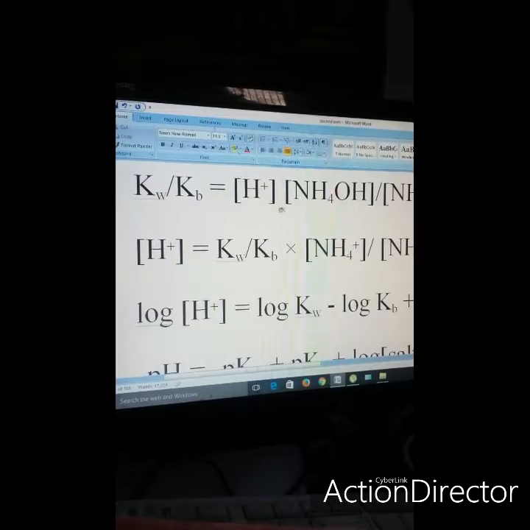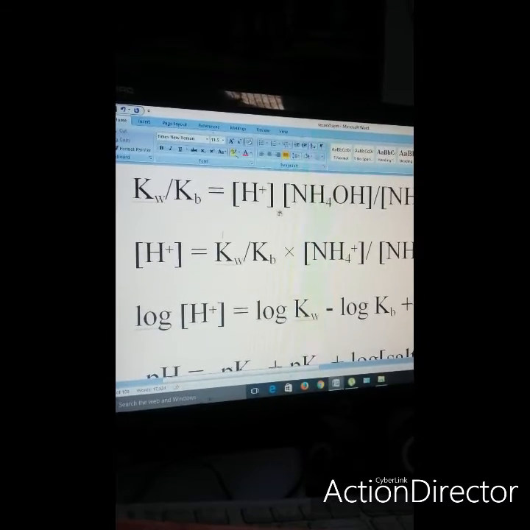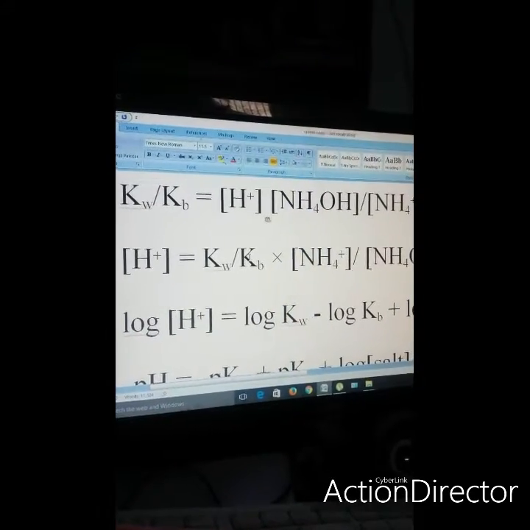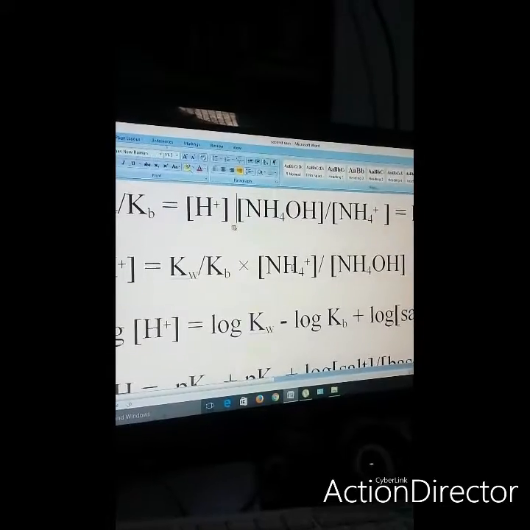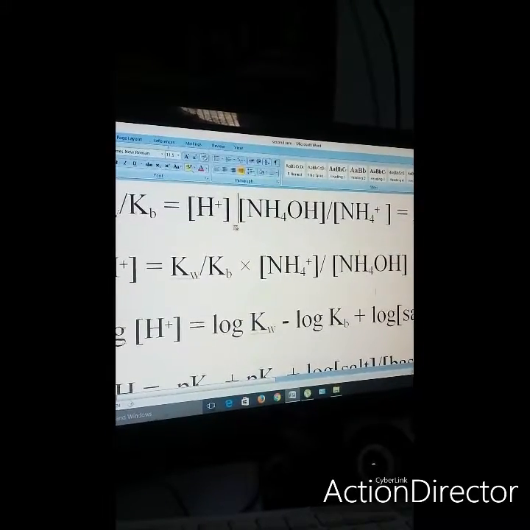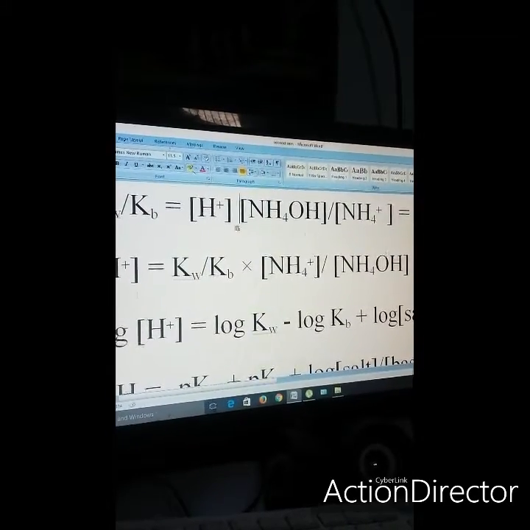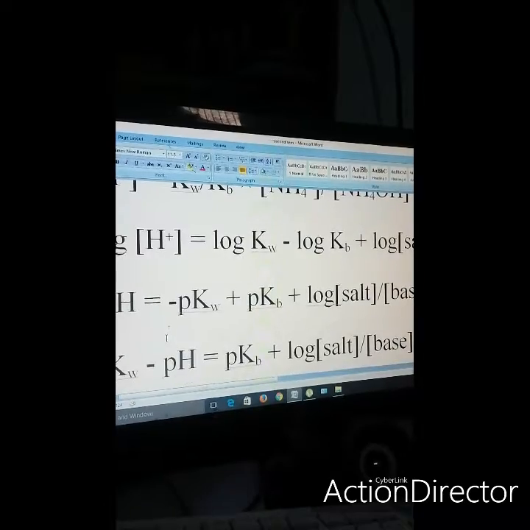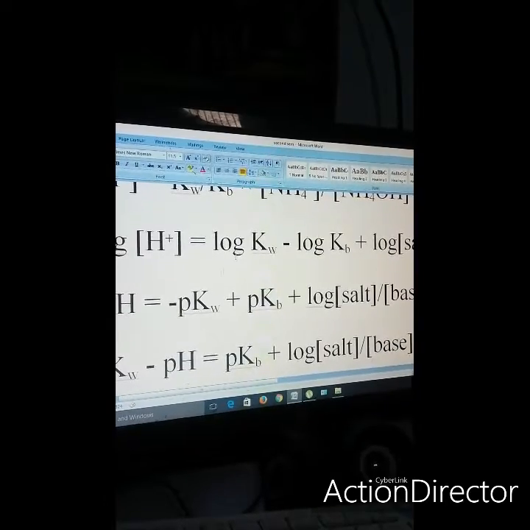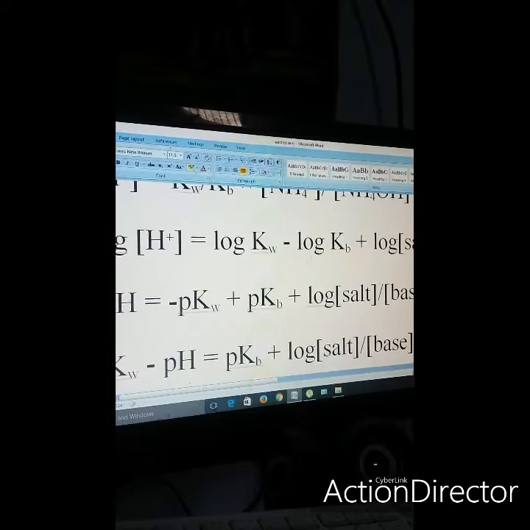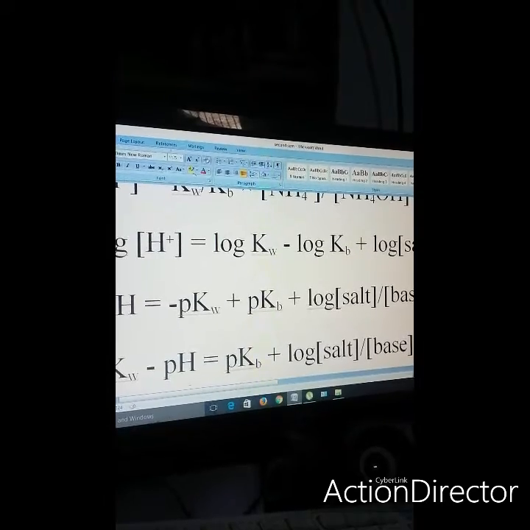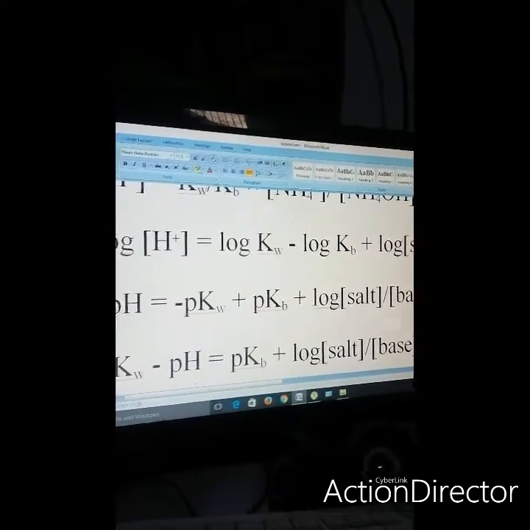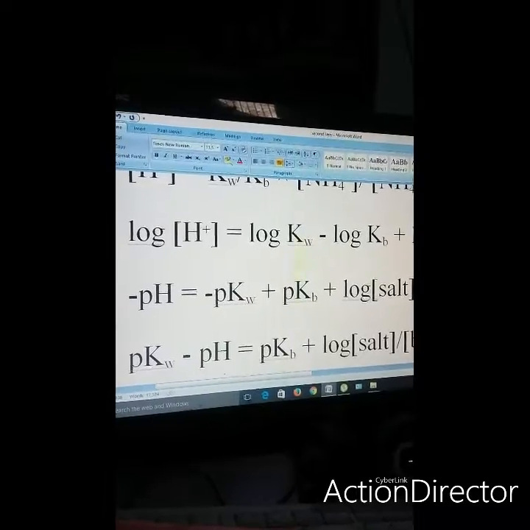So take log on both sides. This will be log of H equals log of Kw minus log of Kb plus log of this is the salt and this is the base. Take the negative sign, which means change the sign, so you will get minus pH equals minus pKw plus pKb and this.